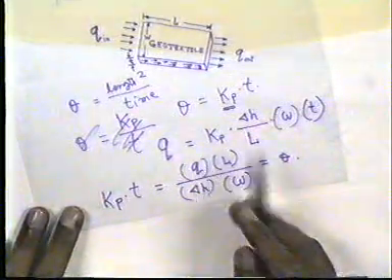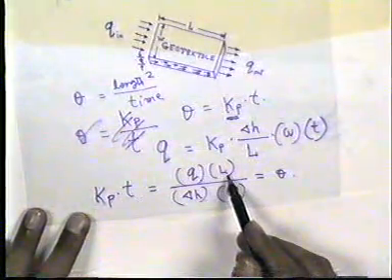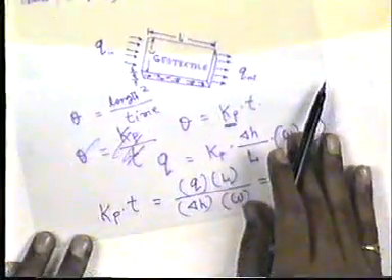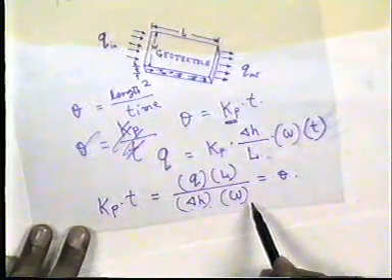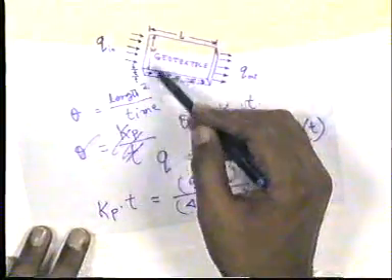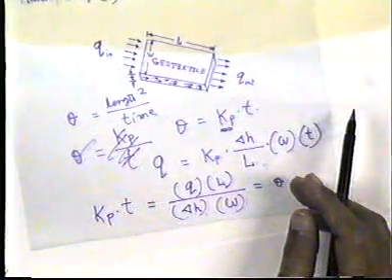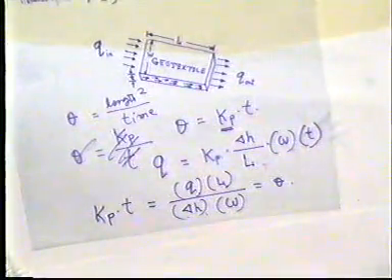Here Q is the flow rate, L is the length of the fabric, delta H is the head loss, and W is the width of the fabric. So from this test we can determine the transmissivity of the geotextile material.